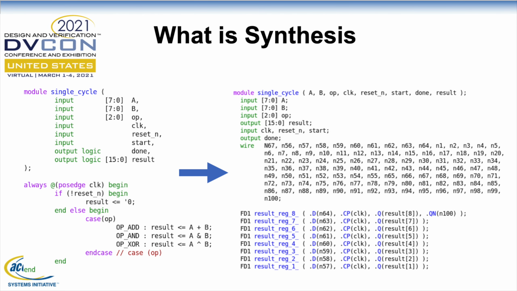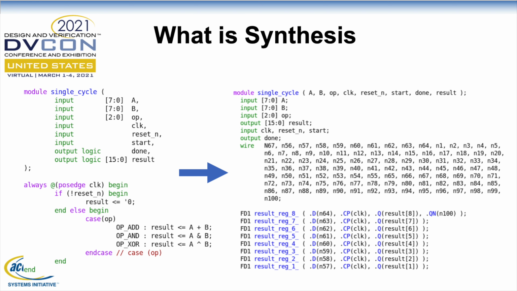The way to think about synthesis is that it's a very excellent Boolean reduction tool. It can look at RTL and any complicated expression you might have done that describes combinatorial logic, and it can simplify it down to the most efficient representation in the gate level technology from the fab that you're given.